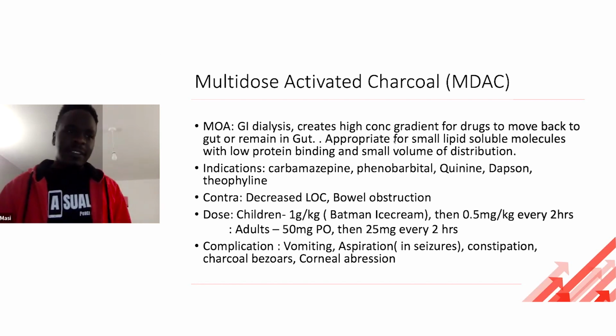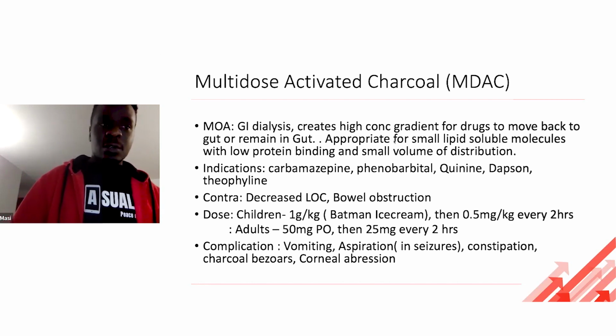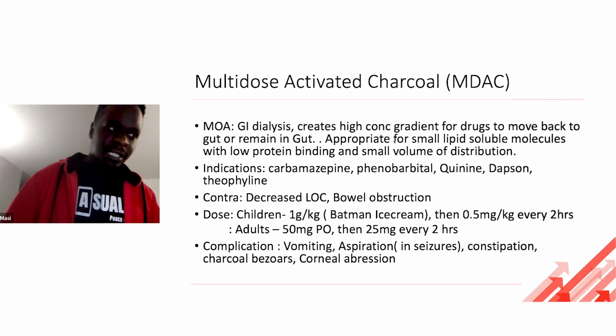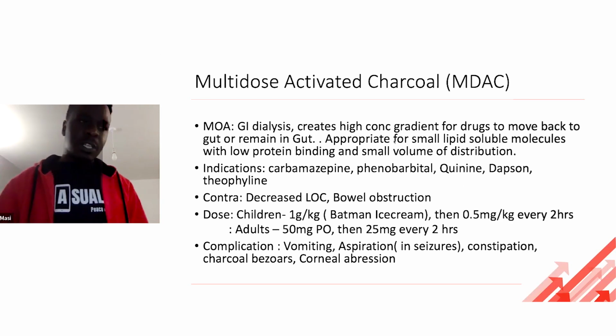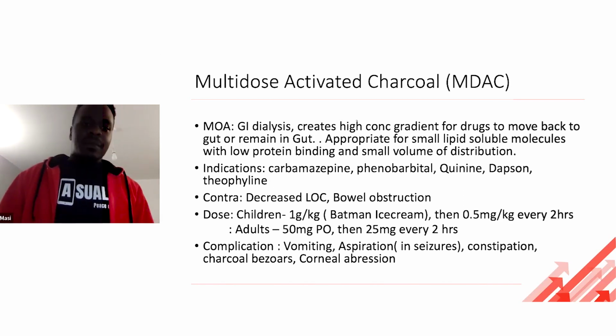The complications are vomiting and aspiration, which is quite a bad one. In case you're losing your GCS, or you're not sure about your airway, you're better off intubating this patient before you give activated charcoal. Then the other complications are, of course, charcoal bezoar and corneal abrasions.